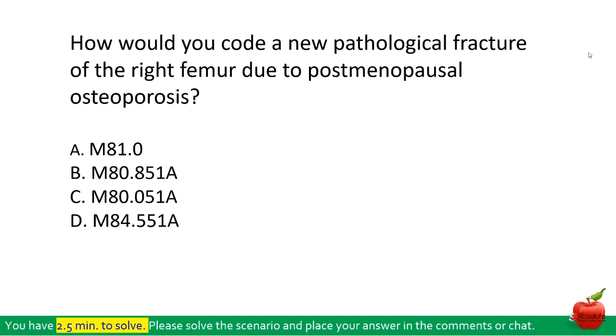Your options are: option A, M81.0; option B, M80.851A; option C, M80.051A; option D, M84.551A. How would you code a new pathologic fracture of the right femur due to postmenopausal osteoporosis? You have 2.5 minutes to put your answers in the chat. Let's do this one, coders.